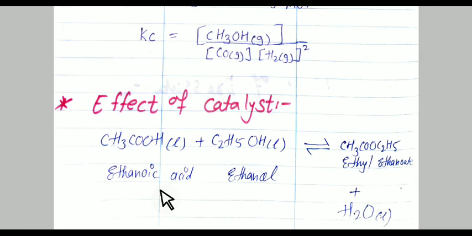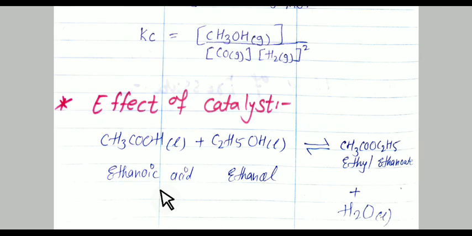Instead of this, if we add a catalyst, here the catalyst used is the hydrogen ion, H plus ion. So this reaction is completed within a time reduced to a few hours. Student, when this reaction is carried out without catalyst, it takes many days.